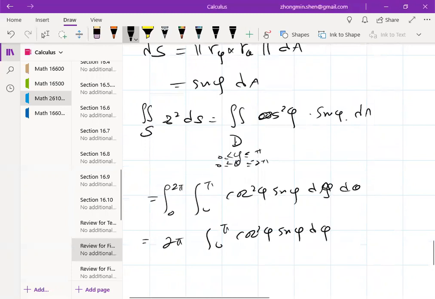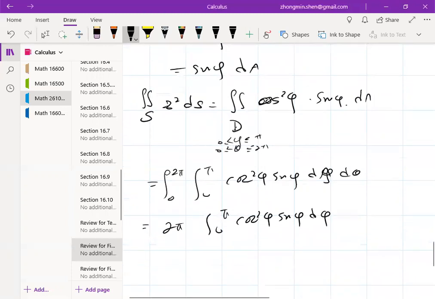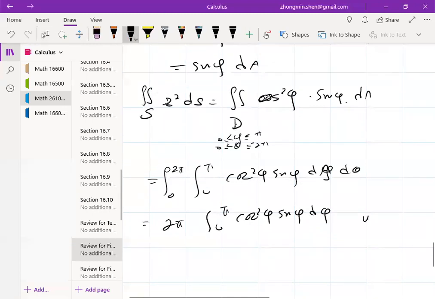So use a substitution: let u be cosine phi. You will get du equals negative sine phi d phi. When cosine phi goes from 1 at 0 to negative 1 at pi, you get the integral of negative u squared du.